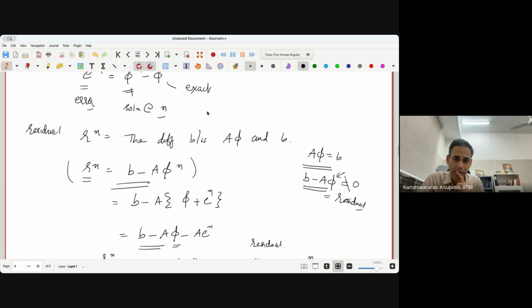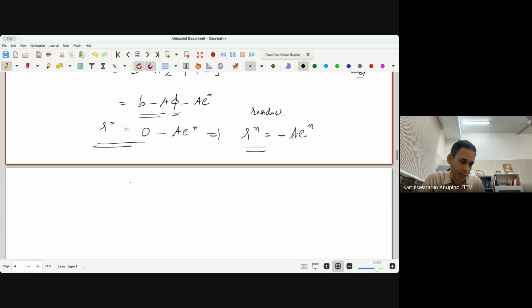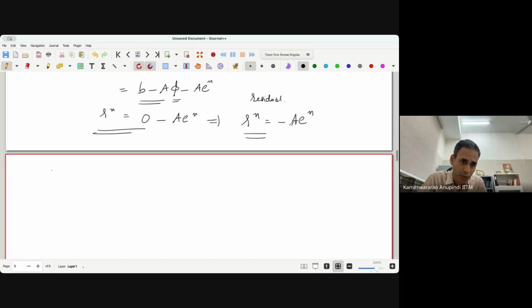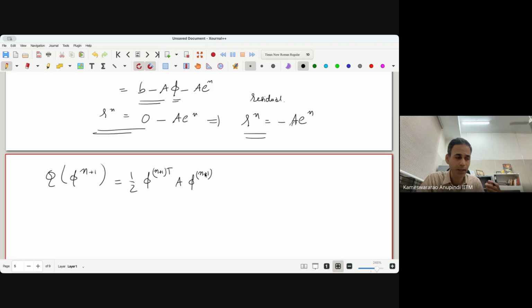All right. Now let me consider this quantity, Q of phi n plus 1. We already obtained this relation. Q of phi n plus 1 is half of phi transpose A phi, and I'm writing the same expression but with n plus 1 as the iteration count.